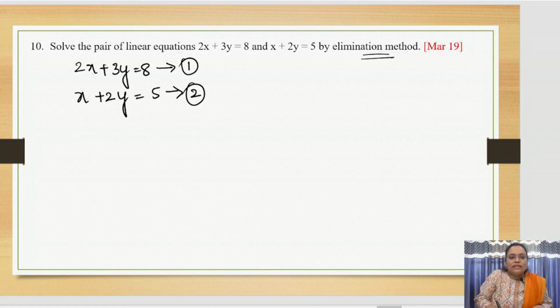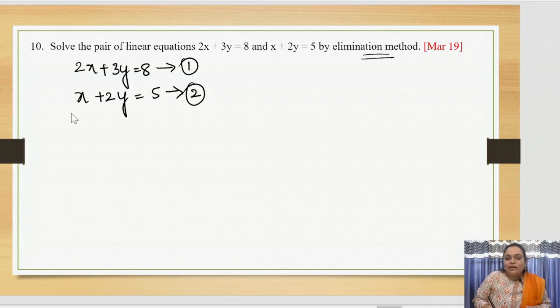If you see equations 1 and 2, can we eliminate any variable? Can you see if the coefficients of the x variable or the coefficients of the y variable are equal? No, they are not equal, right?